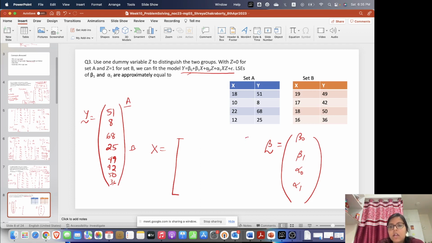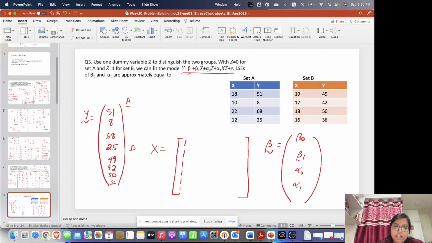Okay. So the X matrix would be beta 1. For beta naught, all will be 1. For beta 1 we would have x's.